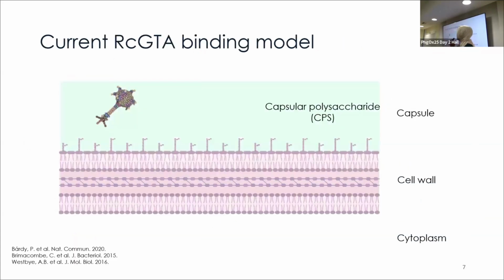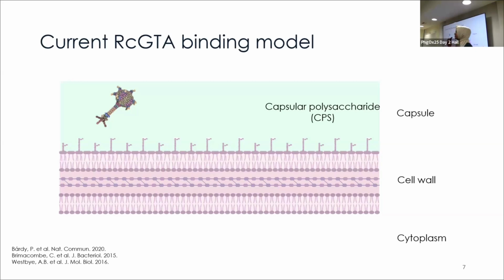And here I'll tell you what we think is the RcGTA binding model. Once the RcGTA particle is close to a recipient cell, usually in an aquatic environment, the first interaction occurs with the polysaccharide that the capsule is made up of.